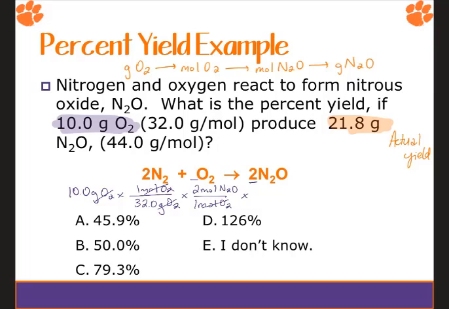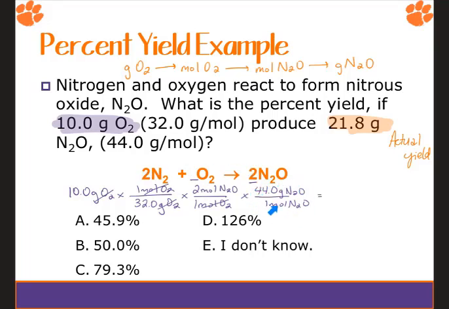And now I need to go into grams of N2O by using the molar mass of N2O, which again, they were nice enough to give us. So it's 44 grams of N2O in 1 mole. Now please remember that the molar mass is always of just 1 mole. Doesn't matter what the coefficients are in the equation.